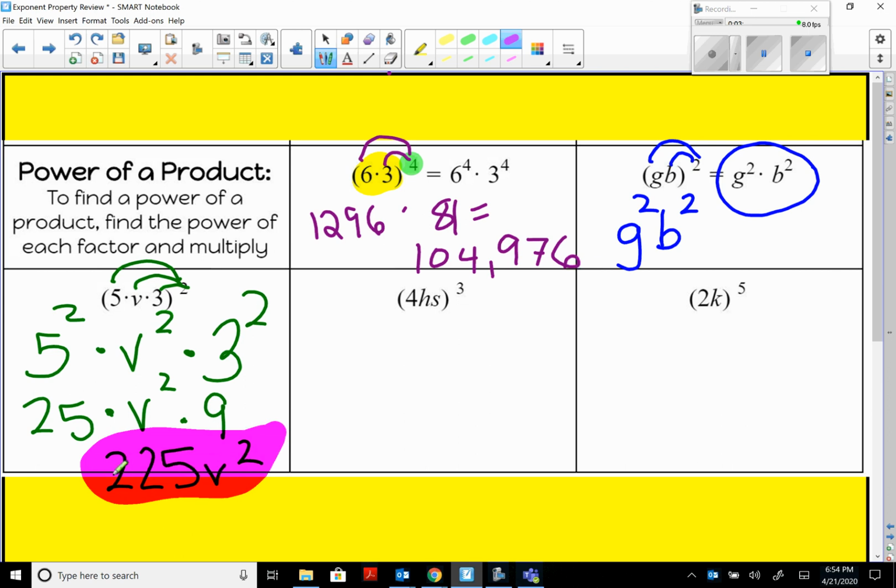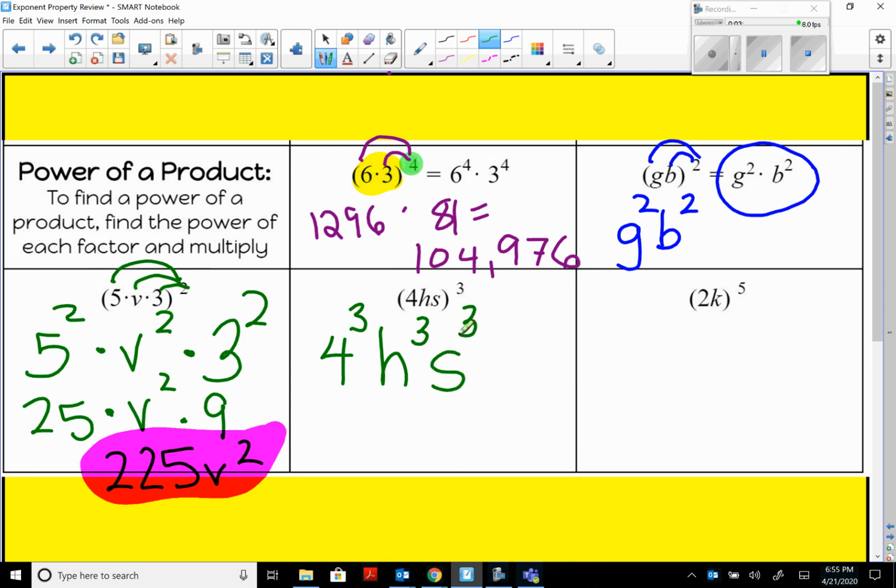All right, let's do the next one. Again, I'm going to use the power of a product property, which means everything inside the parentheses is going to get raised to the 3rd power. So 4 to the 3rd power, h to the 3rd power, and s to the 3rd power.